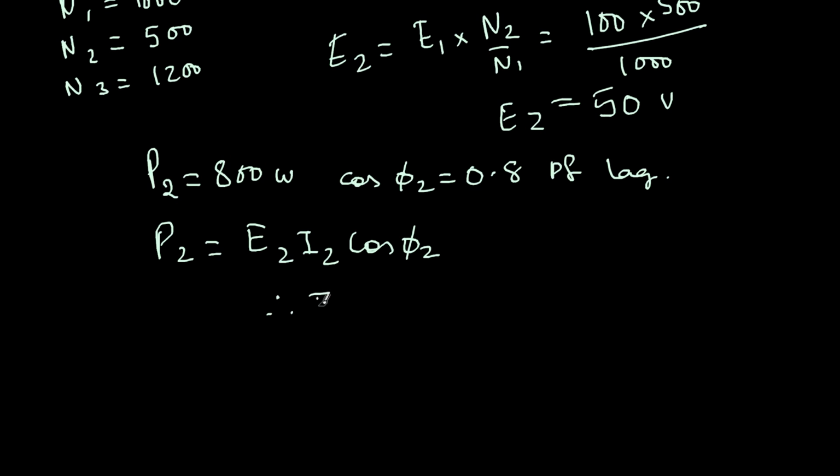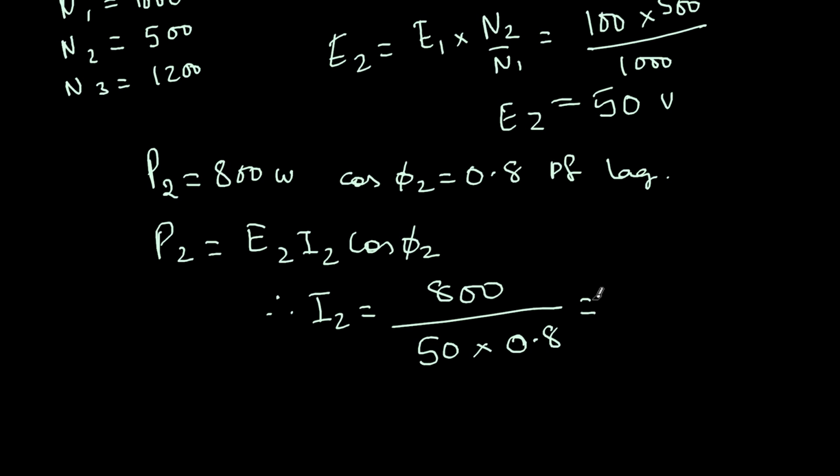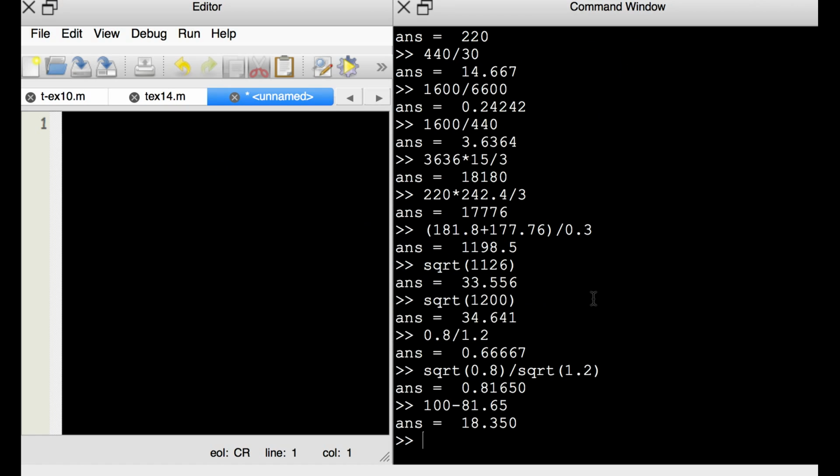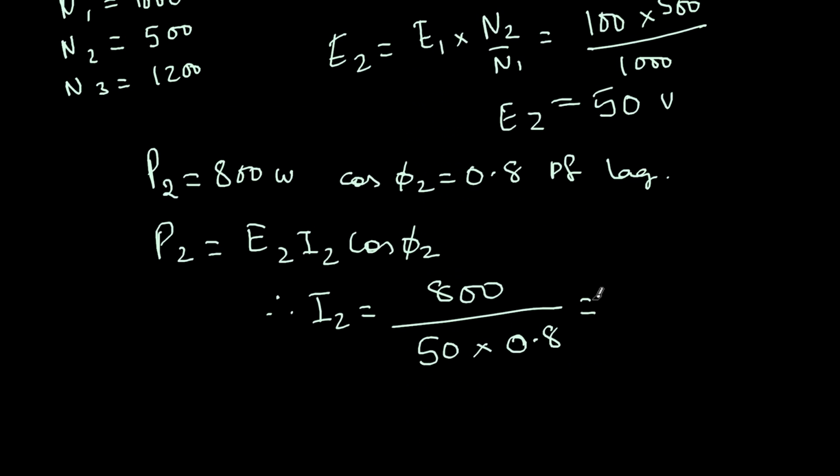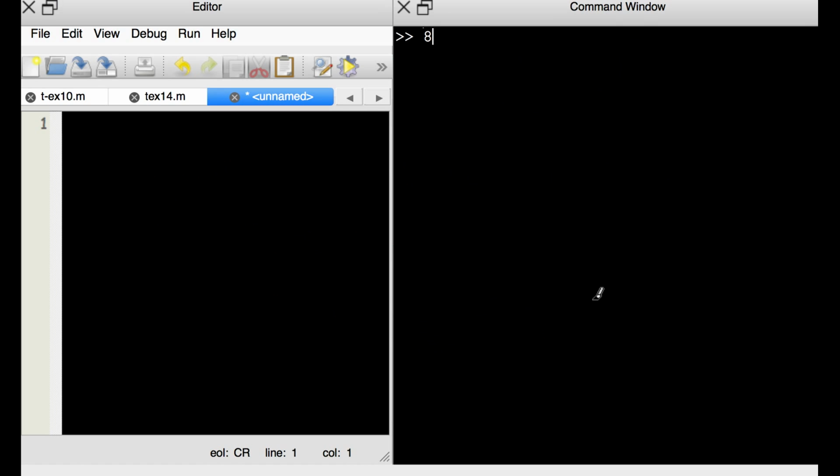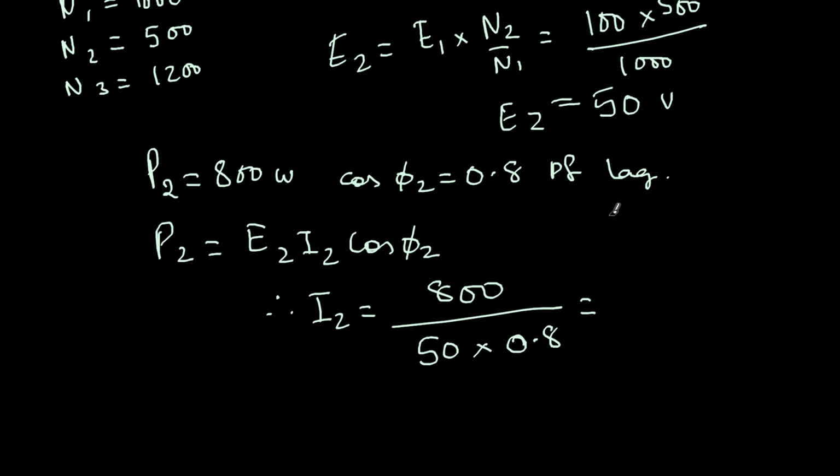Therefore I2 is nothing but P2 by E2 into cos phi2. That is 800 divided by E2, 50 volts, and cos phi2 is 0.8. So 800 divided by 50 into 0.8. So 20 amperes is the current.